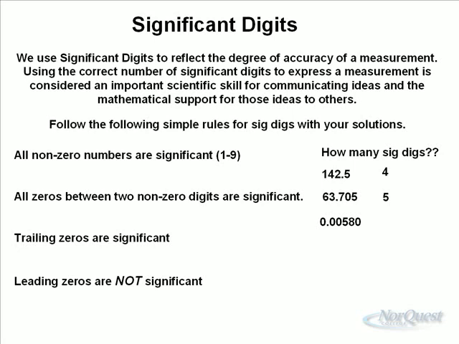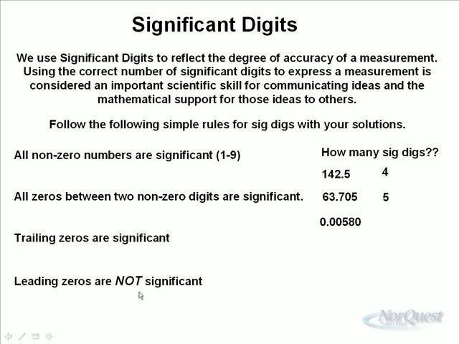Now, this next one, 0.00580, this is where these last 2 rules become important. It says trailing zeros are significant. The trailing 0 is the one at the end of the 8. All right? It's trailing the 8, and so it's considered significant. So because we have the 5 and the 8 and this 0, that's so far 3 significant digits.